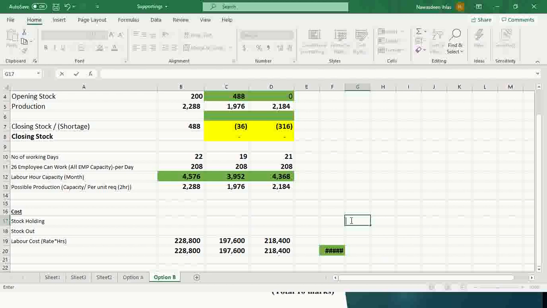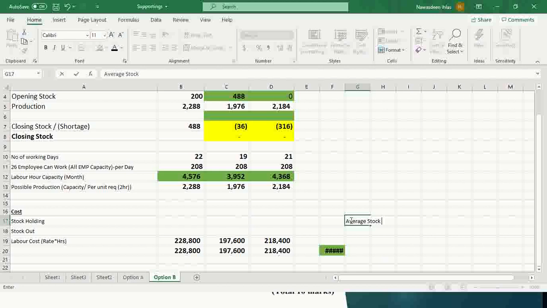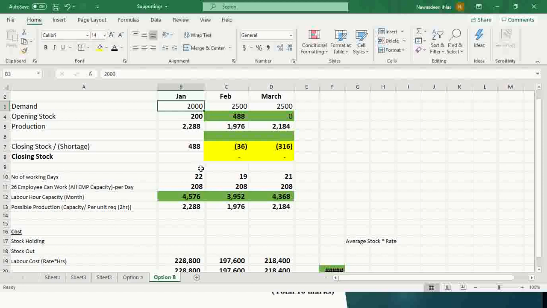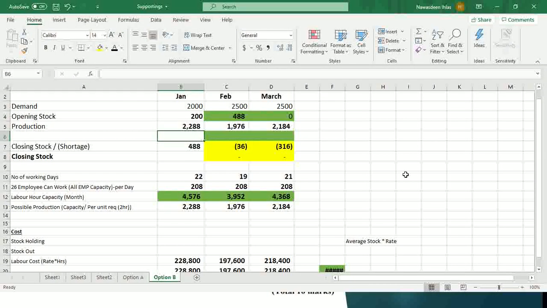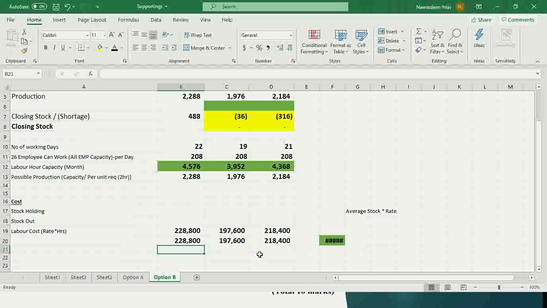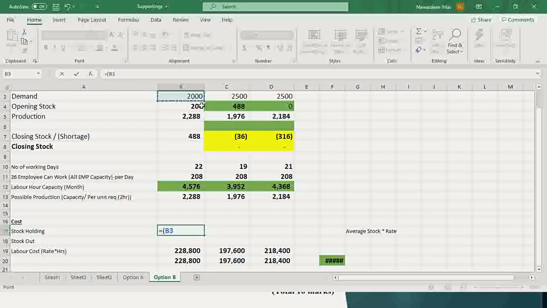Average stock level into rate. So in January we can see what is the average stock level we are holding. How to find the average? Opening stock 200 plus closing stock 488, divided by 2.